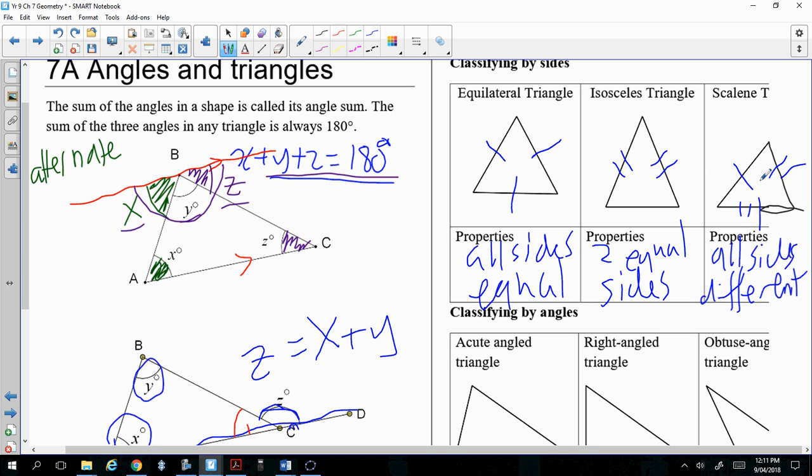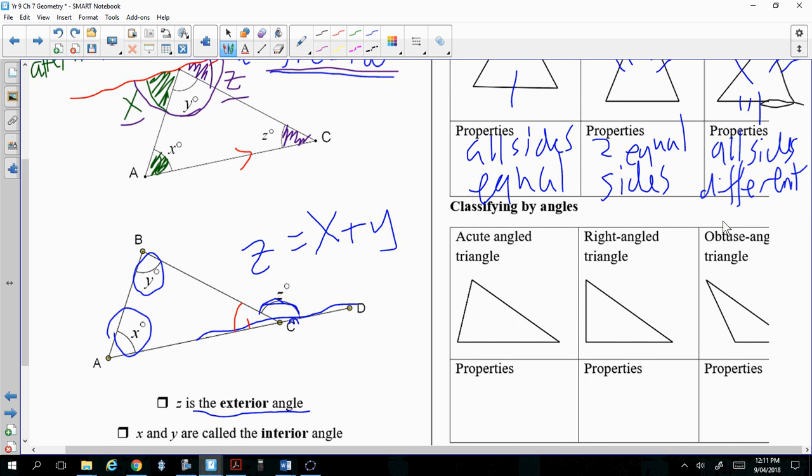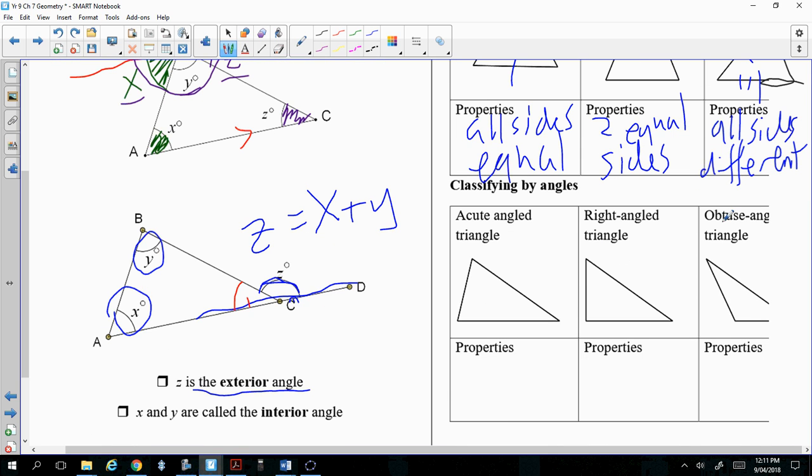You can also classify triangle according to the angles it has. So the first one, if all angles are acute, we say this is an acute angle triangle. So all angles acute. And if it has a right angle, we say this is a right angle triangle. One right angle.